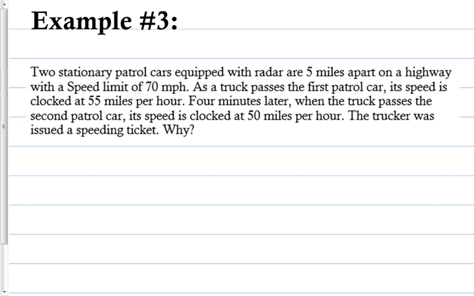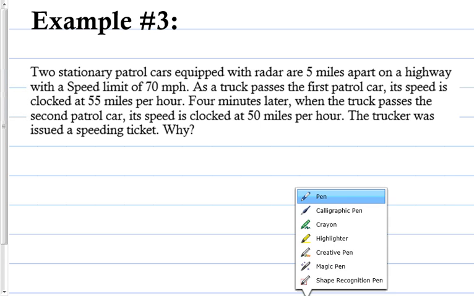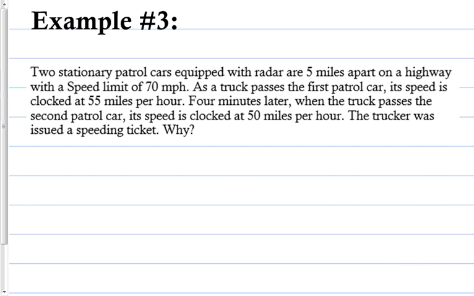Why? Okay, so the numbers can be really deceiving. First off, they gave us information in miles per hour, and then they also gave us information in minutes. So no good. So we're going to go ahead and take care of that first. The 4 minutes here, we're going to convert that into hours. Let's just keep everything in hours because that's the only thing in minutes.